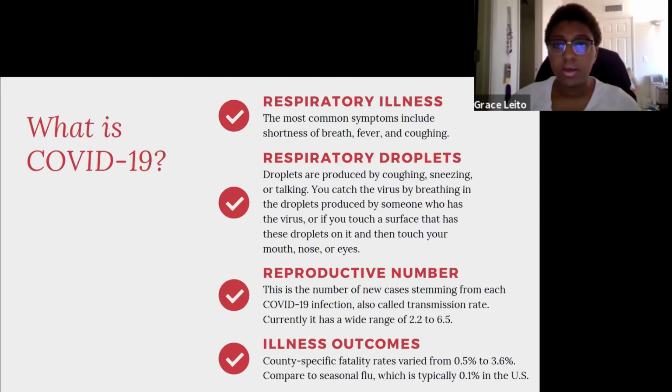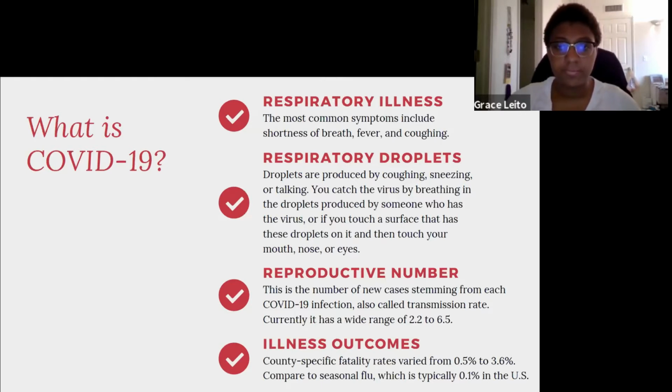So what is COVID-19? COVID-19 is a respiratory illness. The most common symptoms include shortness of breath, fever, and coughing. But there's a wide range of symptoms that people have experienced, but these are the most common ones.